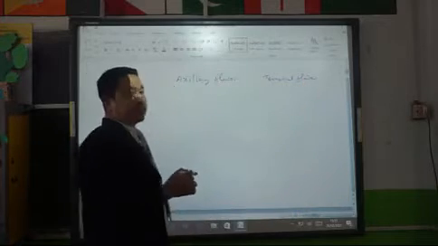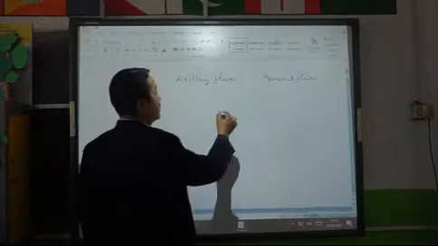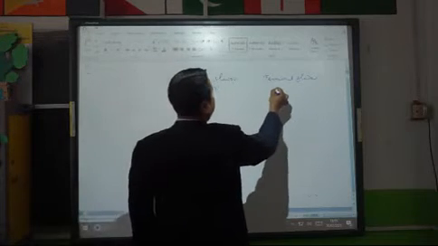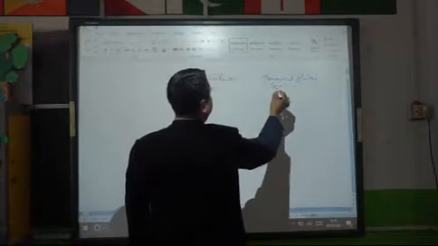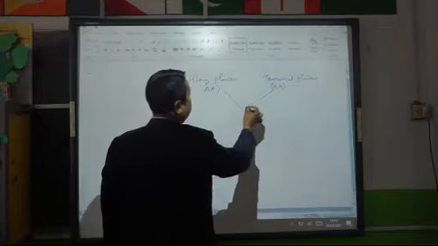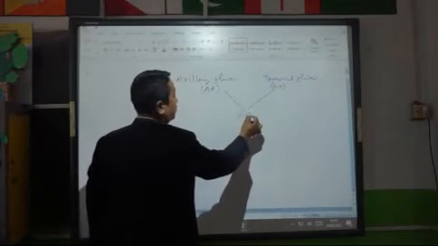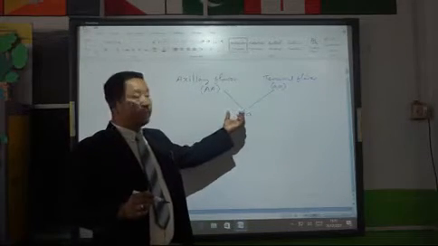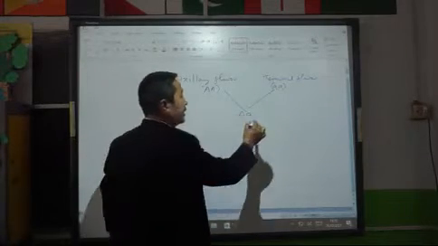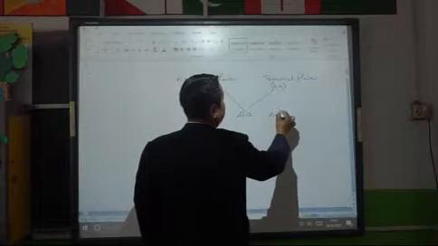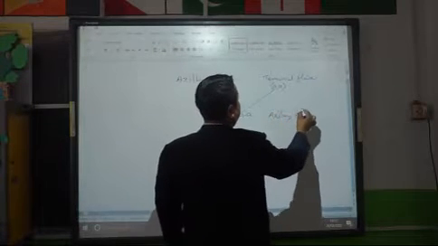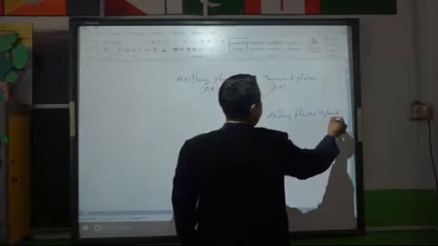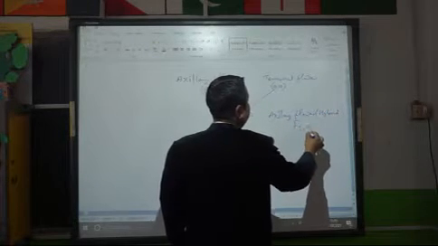So he crossed these two varieties of the pea plants. It was represented by capital A, and this one by small a. So he crossed it. He found all the pea plants having axillary flower in the F1 generation. Axillary flower, that is hybrid, in the F1 generation.